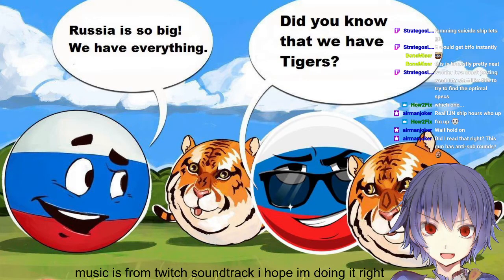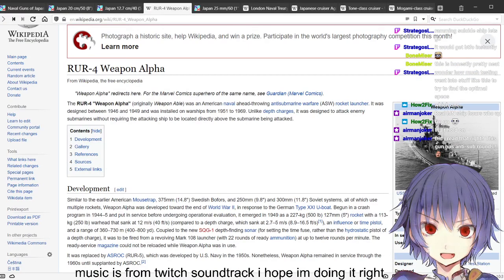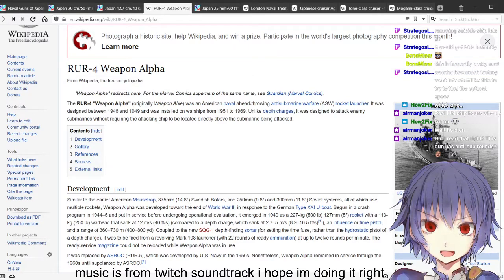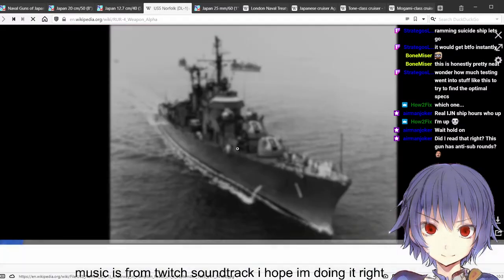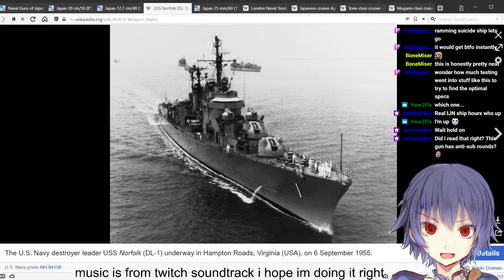There have been similar concepts that have emerged over time, such as Weapon Alpha, which is this really ugly mounting that you can see here. This is Weapon Alpha. It's an anti-sub rocket launcher.